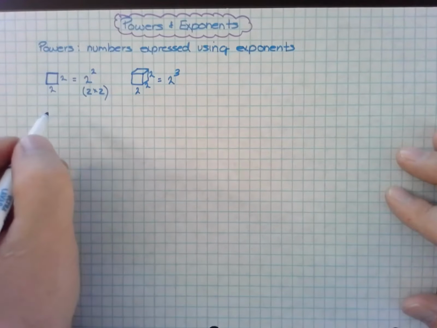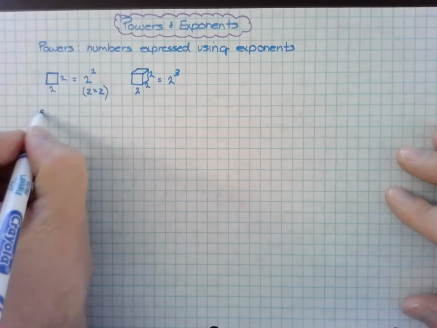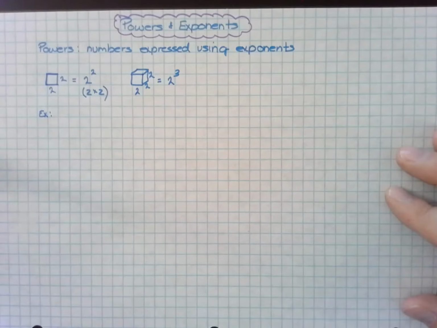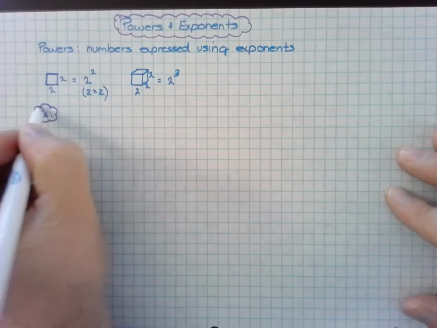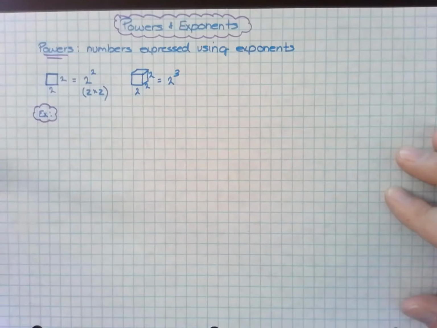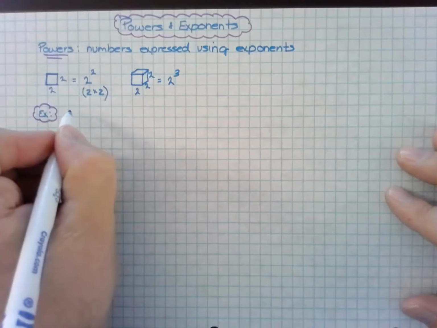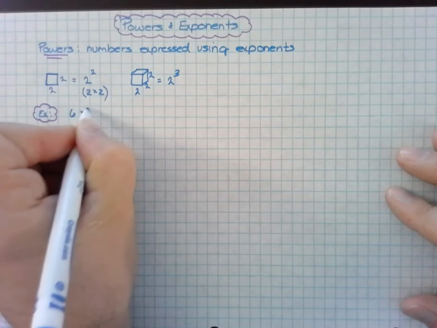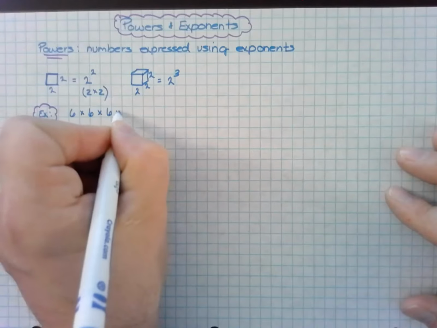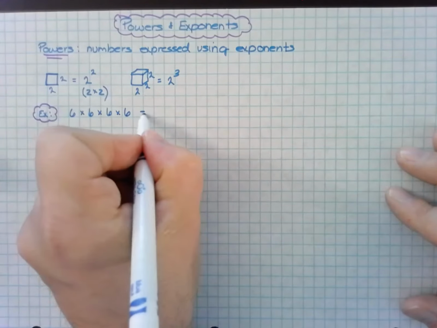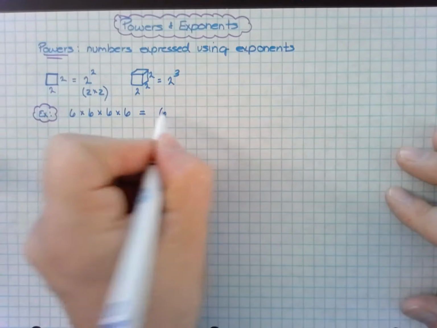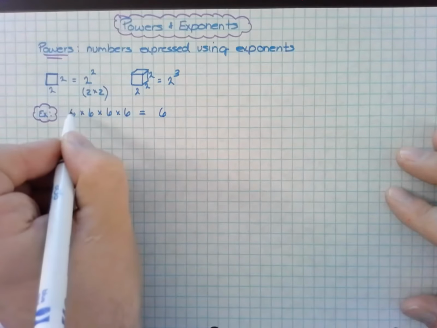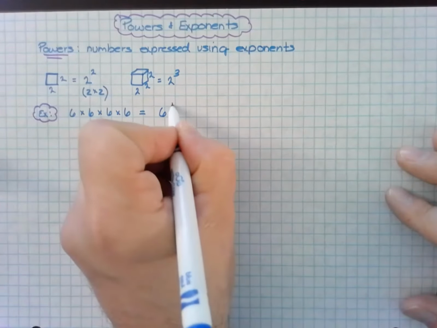So we have a couple of examples here. Say I have 6 times 6 times 6 times 6. Well, this is equal to a base of 6 raised to the 1, 2, 3, 4th power.